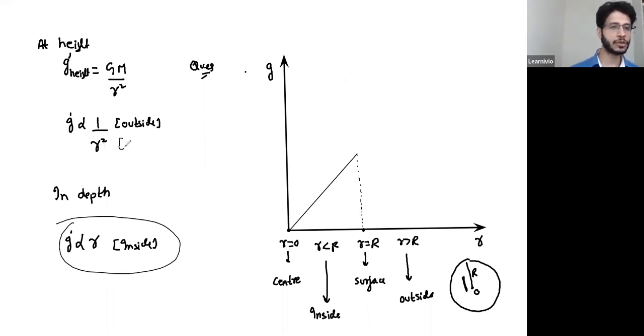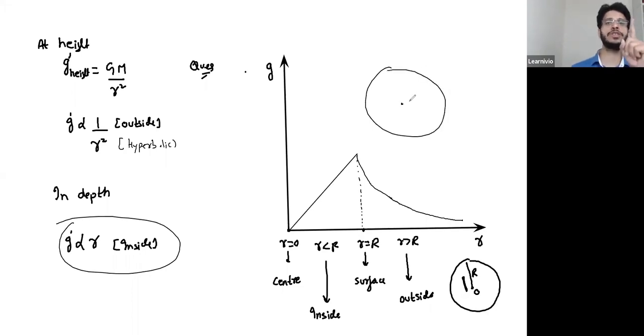Outside it is 1 by r square. 1 by r square means the shape of the graph is hyperbolic. Hyperbolic shape is like this. It means if you go outside, then the value of g keeps on decreasing. At the center it is 0, then it keeps on increasing. At the surface, its value becomes 9.8.